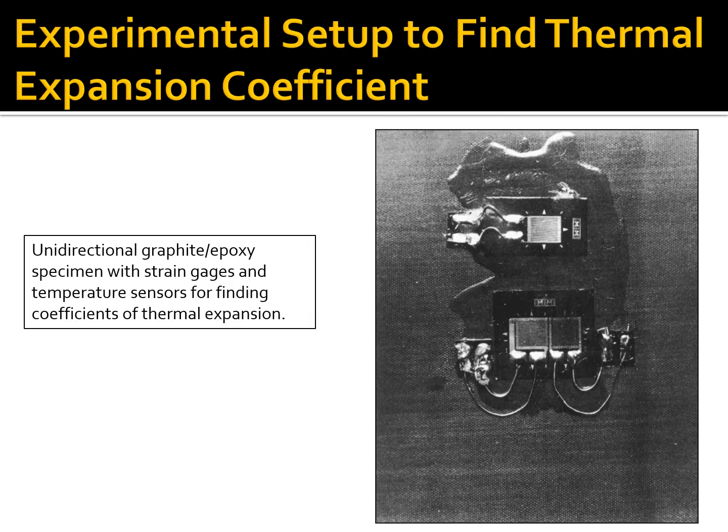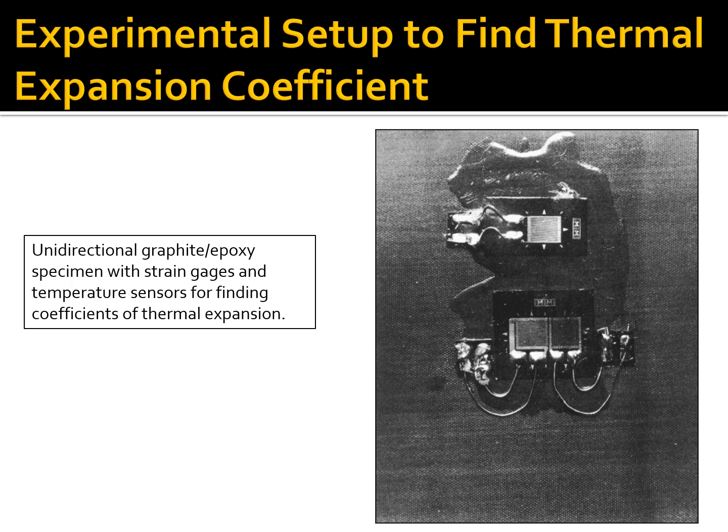So here you are seeing a schematic of how the thermal expansion coefficient is found by using experiments. The figure you are seeing here is a unidirectional graphite epoxy laminate. It's made of 8 plies. You don't take just a single layer to find the thermal expansion coefficient because it wouldn't be stiff enough. So you take about an 8 ply laminate, which will be 8 times 0.005, which is 0.04 inches in thickness approximately.